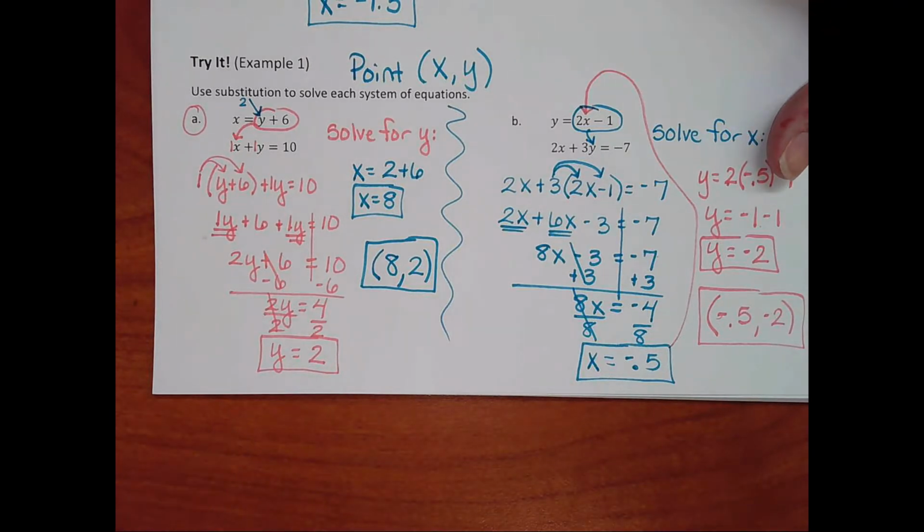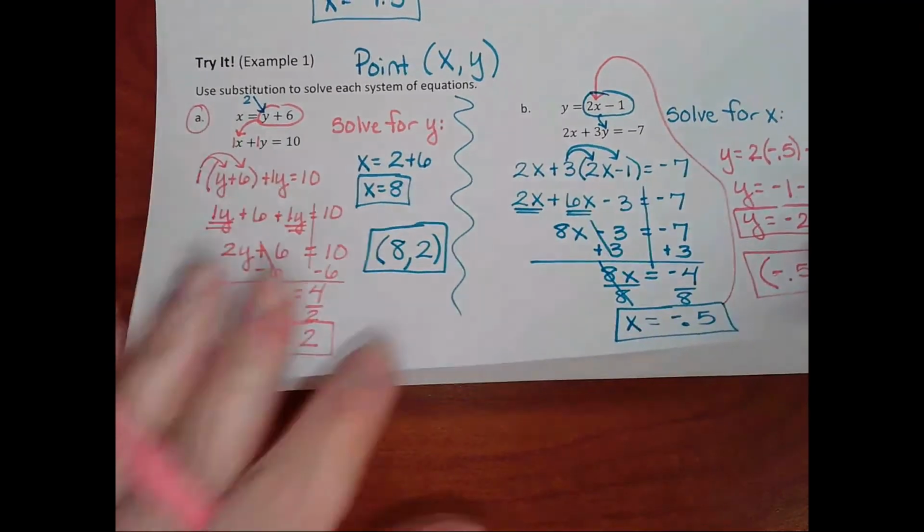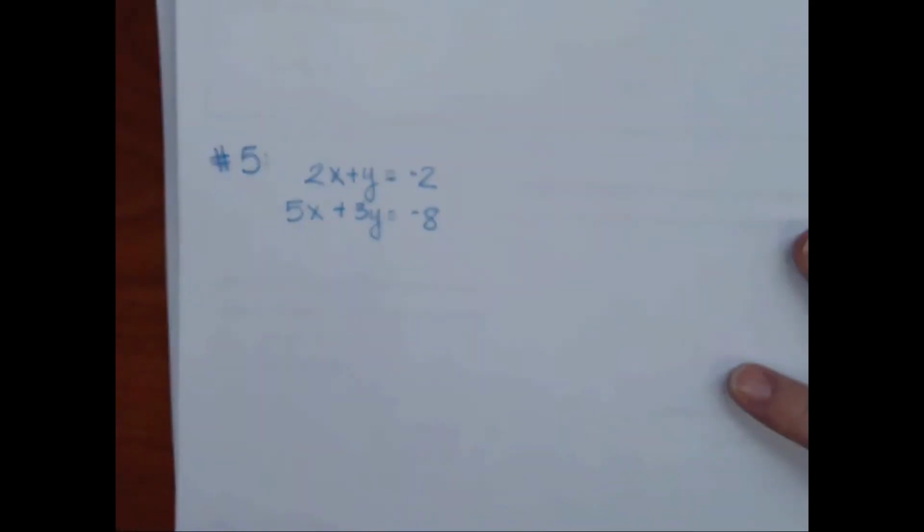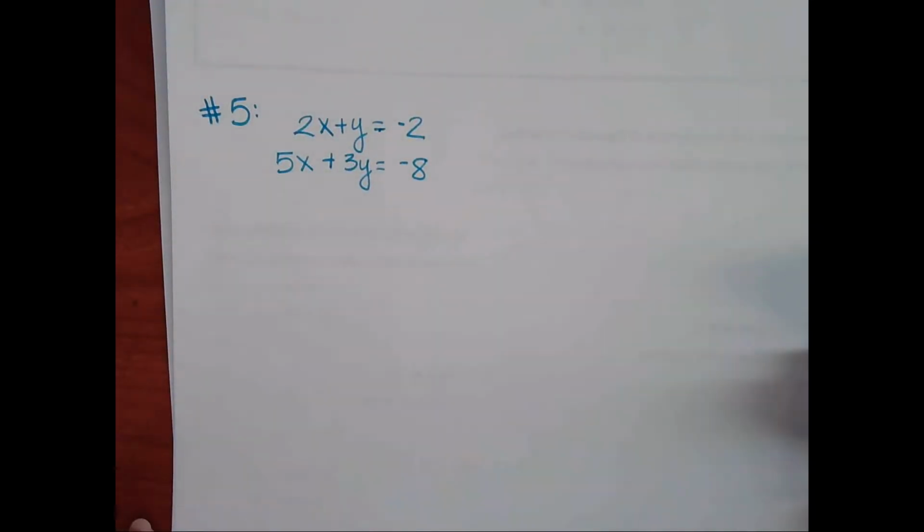The other thing that you're going to see today, and I wanted to point this out, is some problems, only a couple, just because we're going to ease you into it, like this. This is actually number 5 on your assignment, so I'm giving you a free answer, I guess I could say.